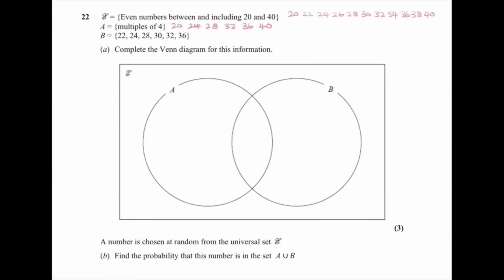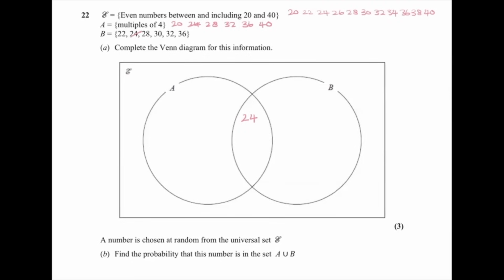So I can see that 24 is in both sets. I can see that 28, 32, and 36 is. And then I would cross those off my main list as well. So 24, 28, 32, and 36 are in.